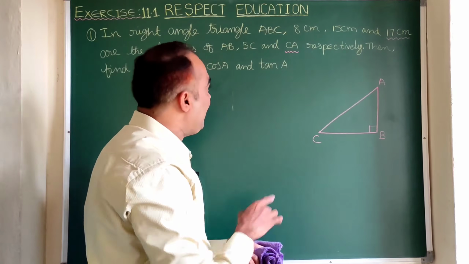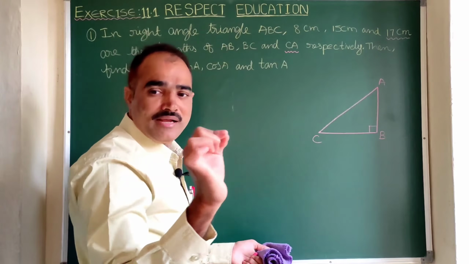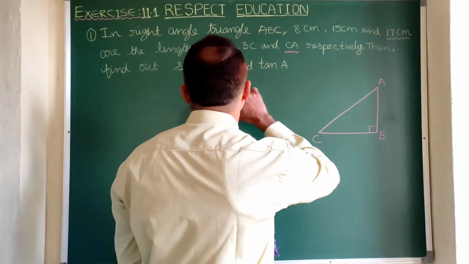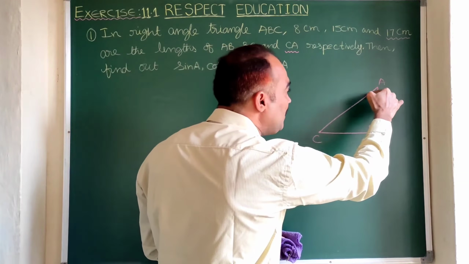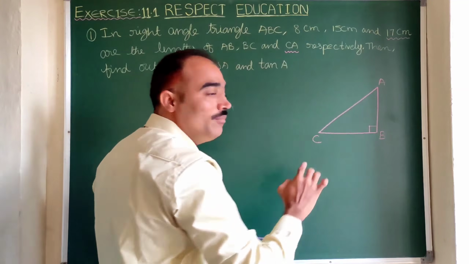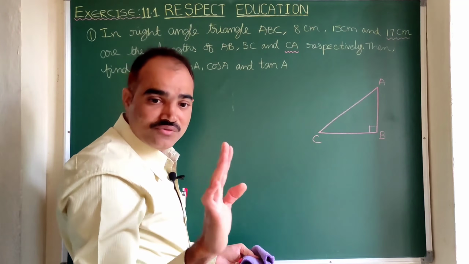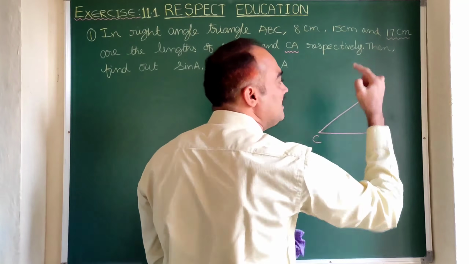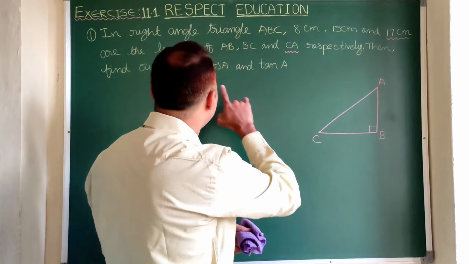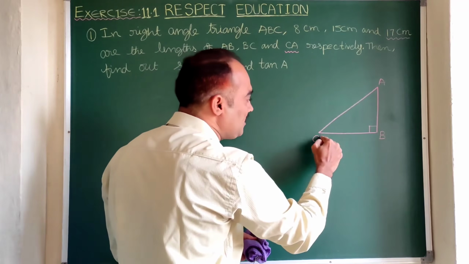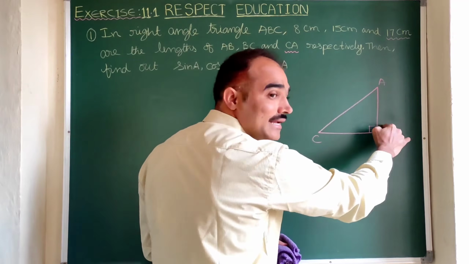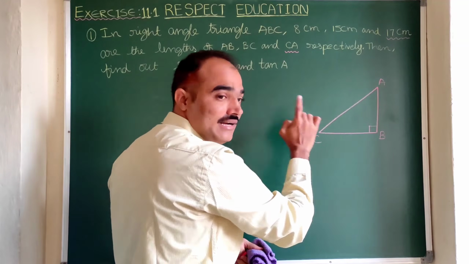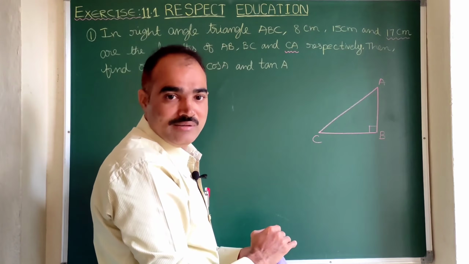Clear? And according to the problem, it will be a little difficult, because you need sin A, but always you should see the problem from this side. Don't be confused. If you get confused, better you write A here or C there, so that you can solve sin A, cos A, tan A. You will be standing here, so clearly you can understand this is the opposite side. Here the opposite side is AB, if you write theta here.